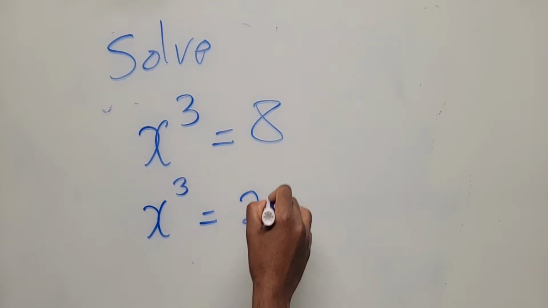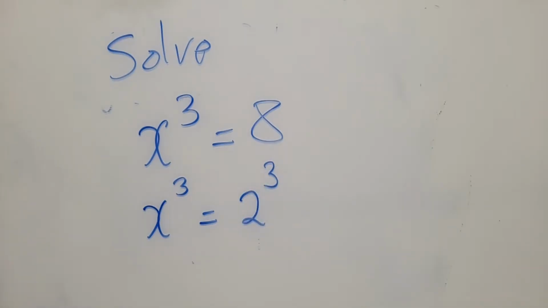This is 2 to the power 3, okay? Because 8 is just 2 multiplied by 2 multiplied by 2, 3 times. So you can see that the exponents are the same, right? The exponents are the same, meaning that the bases should be the same, right? Because there is no way that the exponents are the same and the bases are different. So if that is the case, therefore my x is just 2. Okay? Very simple, right? My x is just 2.